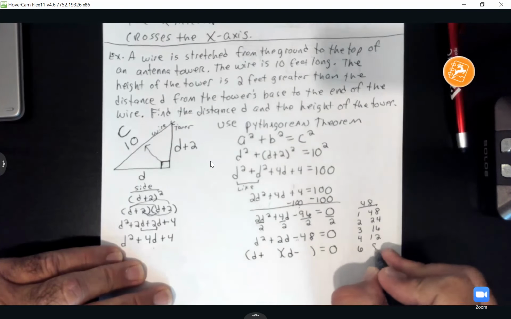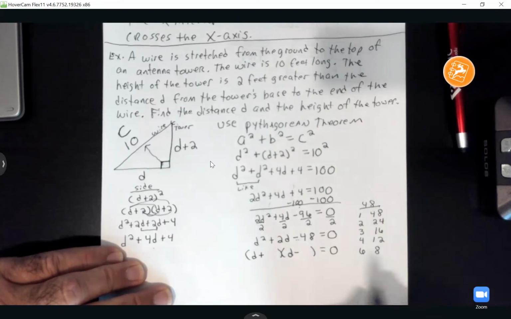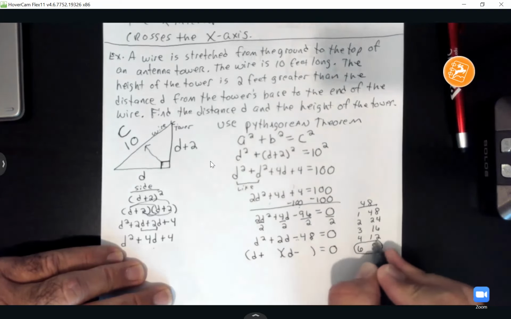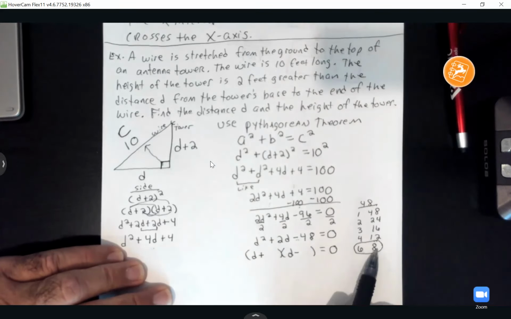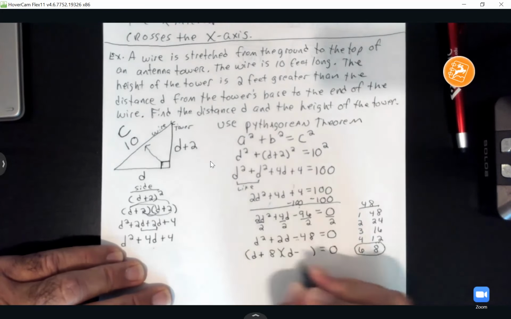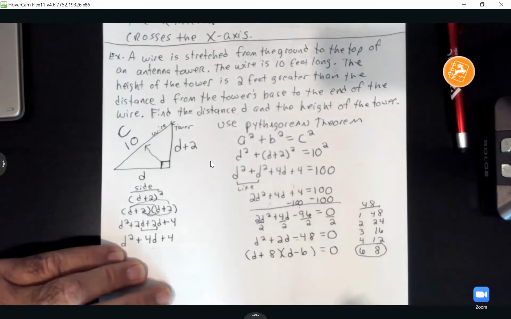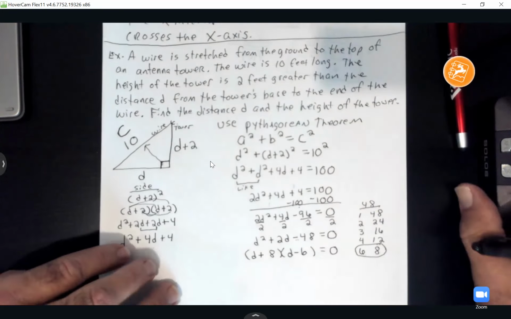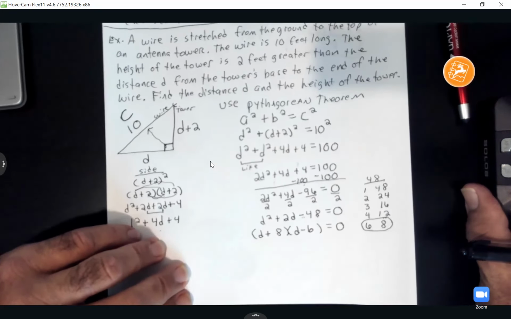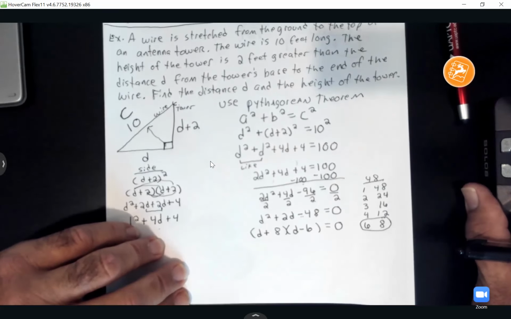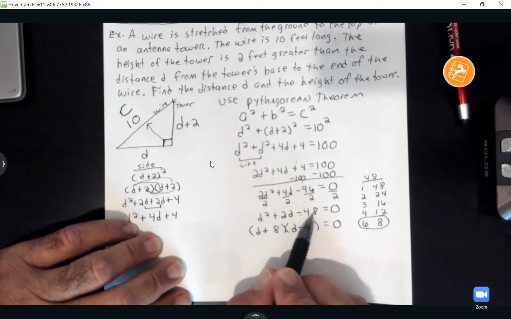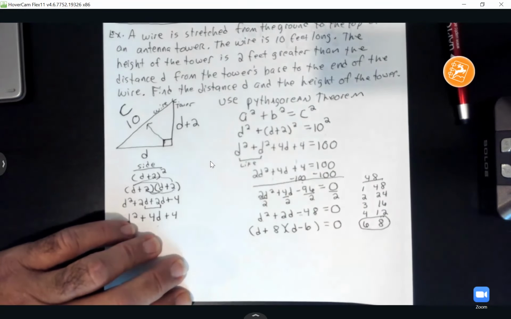6 and 8, and y'all look at that. 8 minus 6 will give me a 2. So my factors are going to be 6 and 8. The larger number 8 has to have the same sign as the middle, so the 8 will be positive, 6 will be negative. But y'all, like I said, if you don't like factoring, you can plug that into the quadratic formula, A, B, and C, and you'll get the same answers.